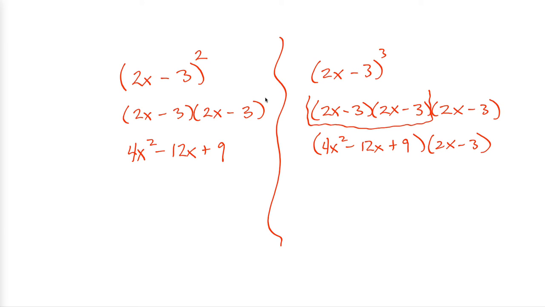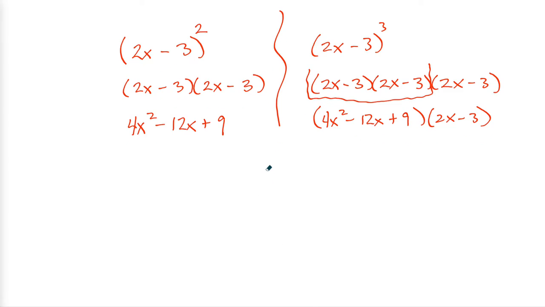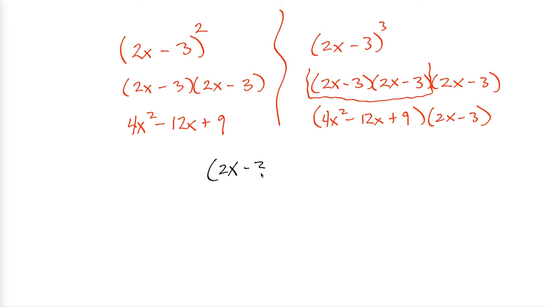But this is what leads us to today's. I say this leads us to today's because this is not something you'd ever want to do. So let's say you have more than cubed. Something that's cubed, this one on the right-hand side, you could multiply it out. It would take a little bit of time, but you could do it.